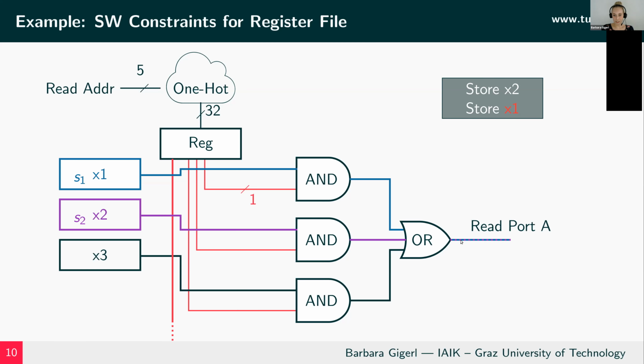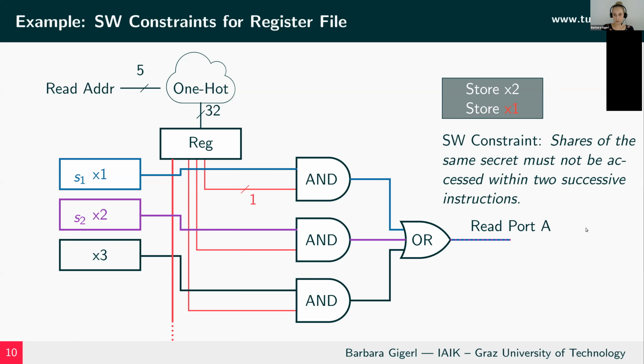And the software constraint to prevent such kinds of leakages would be that shares of the same secret must not be accessed within two successive instructions. So between the two store instructions, there should be another unrelated instruction, for example, a NOP, which prevents this transition at the read port A of the register file.